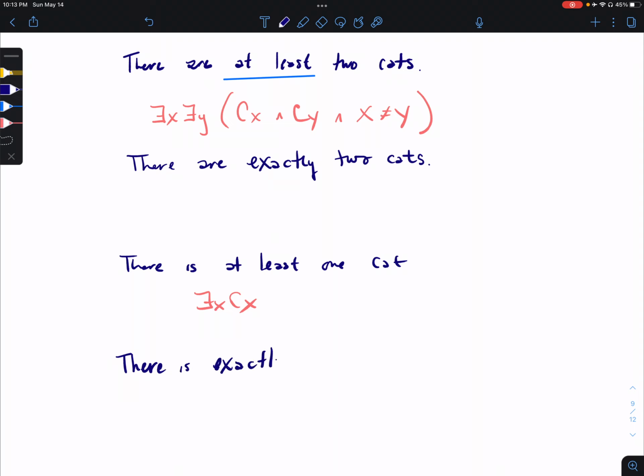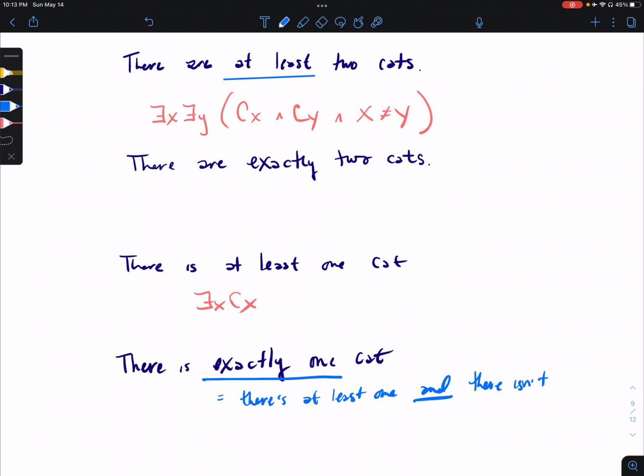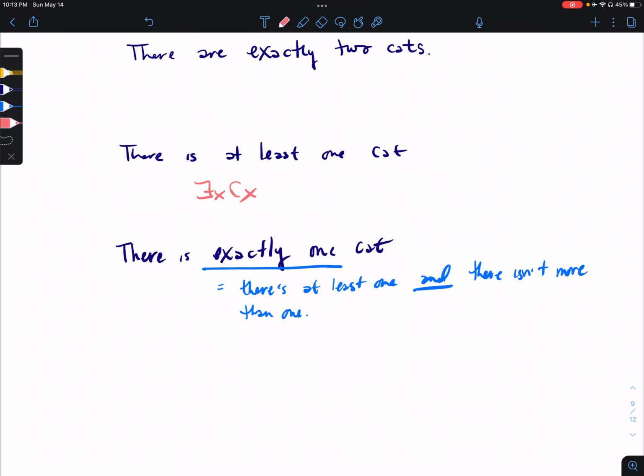Well, the first step is just to spell out what I just said. Instead of writing there is exactly 1 cat, add in that this means there's at least 1, and there isn't more than 1. And here's how we will achieve that.